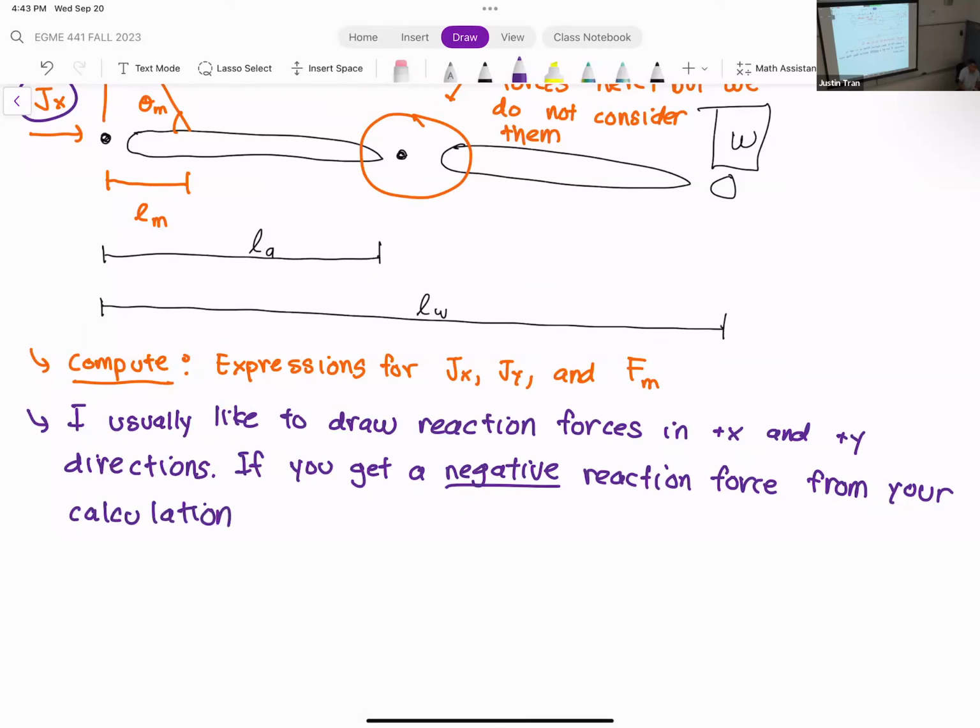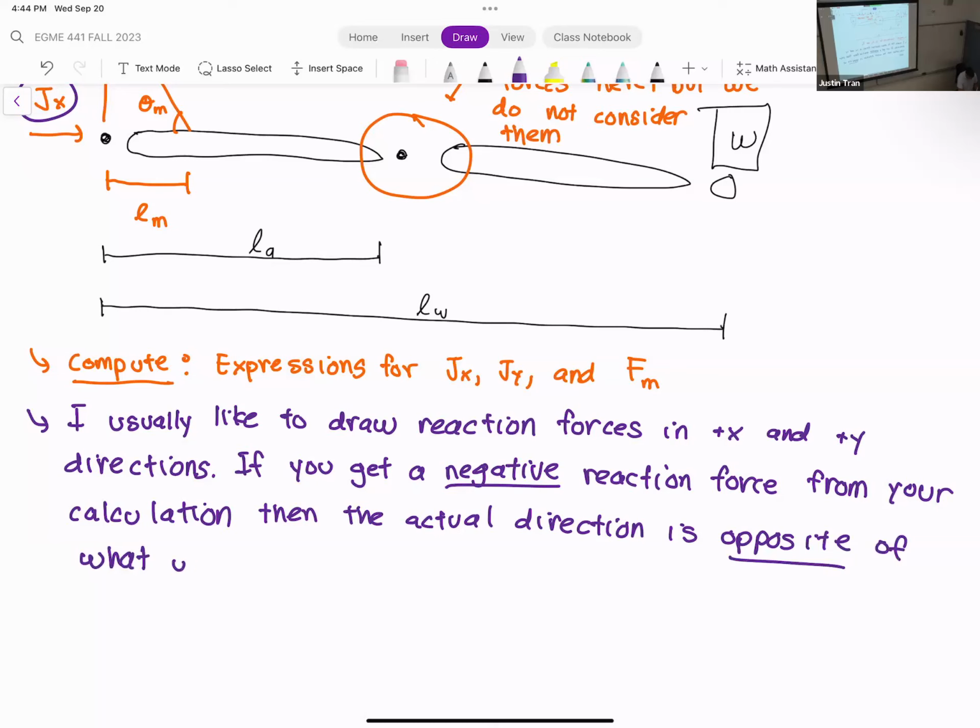If you get a negative reaction force from your calculations, all that means is that the actual direction of the reaction force is opposite of what was drawn.